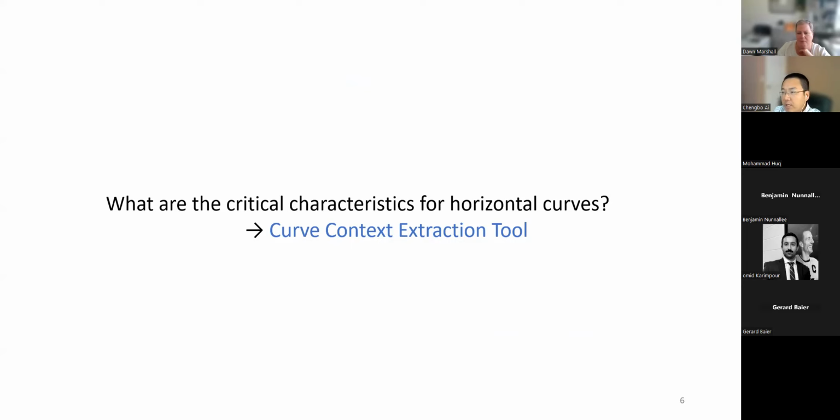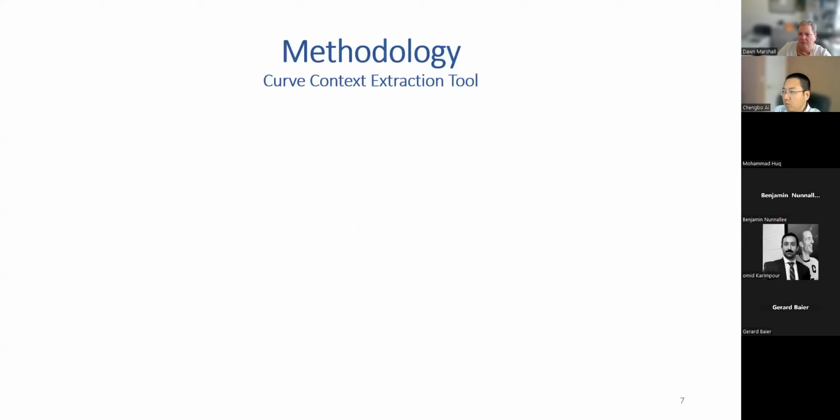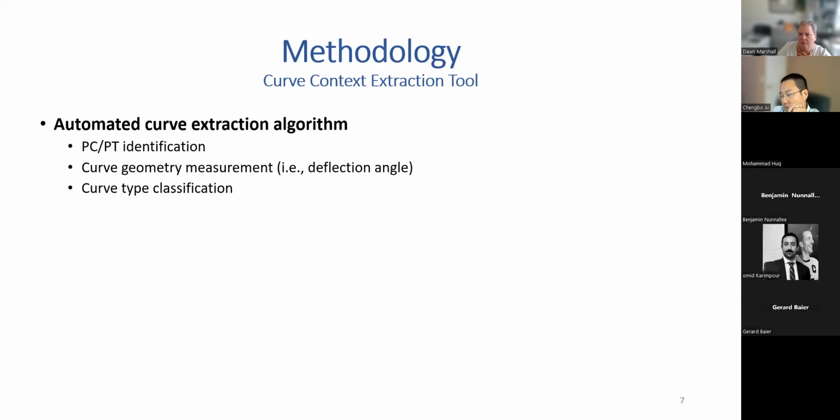So the first one is the curve context extraction tool. The tool itself is simple. As I mentioned, many of the DOTs, based on our survey, didn't have any inventory of where there are horizontal curves. They just know, oh, they're there.